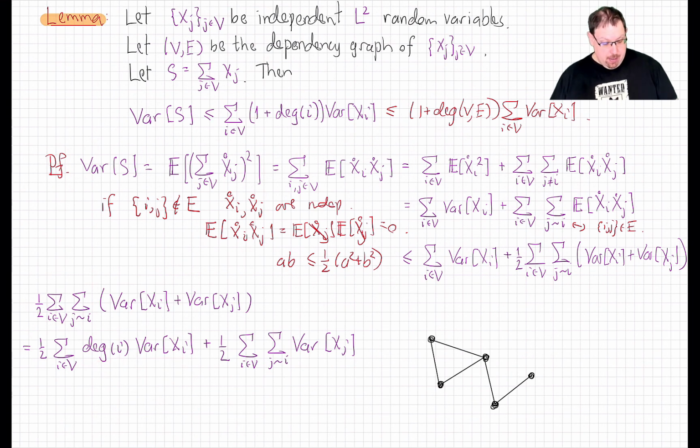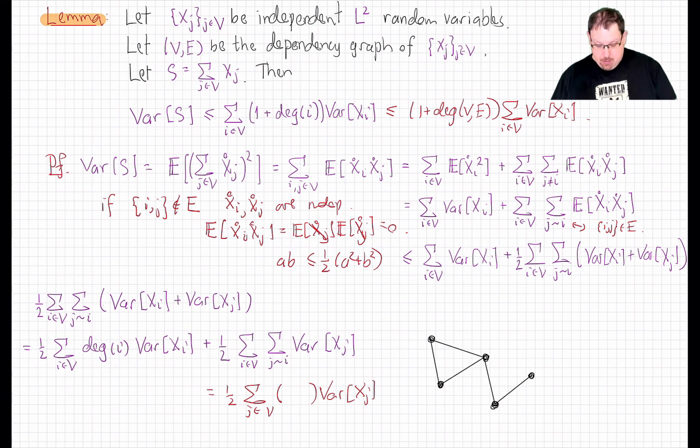The second one seems like it'll be a little more complicated because here we're summing the variance of Xj inside this sum over j. So let's just think for a moment about what this means. At the end of the day, we're going to get a sum of variances of terms. And the question is, what will be the scalar multiples inside here?